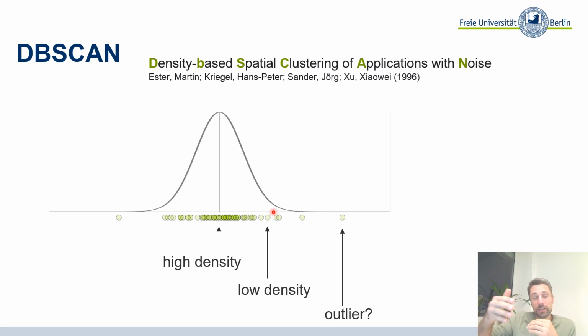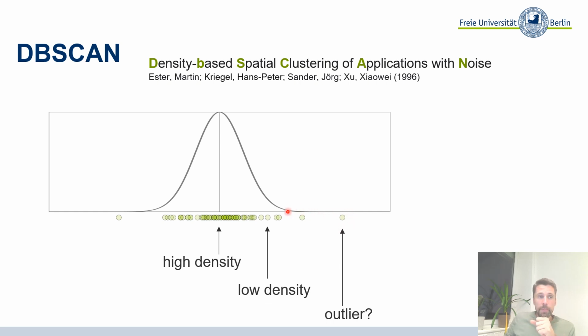If you leave the cluster, then the density is lowered, for once because there are no points behind the border. It doesn't necessarily have to be such a smooth transition into low density areas. It could also be just a box density here, and then the density on the border is low because there is no point or no probability beyond the border. And then we have outliers, and we don't want to include these in the cluster anyway.